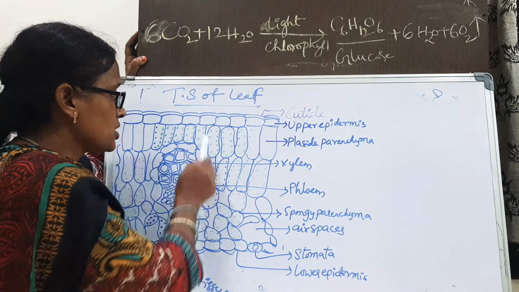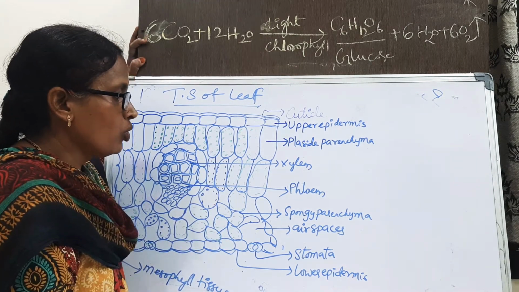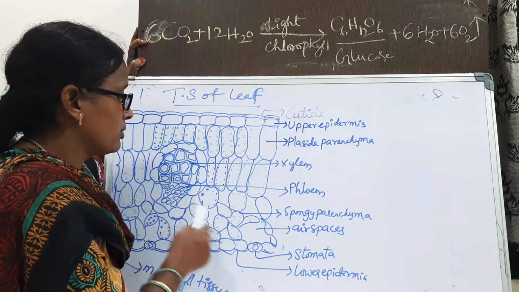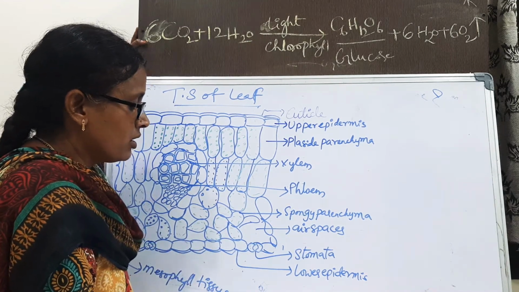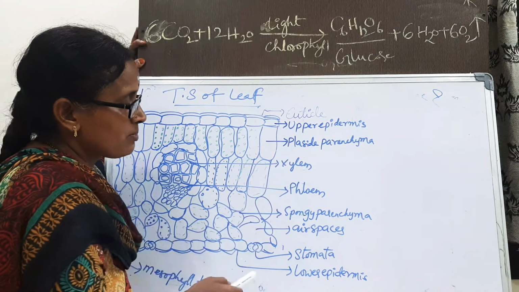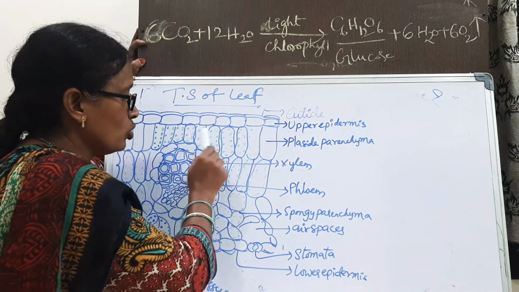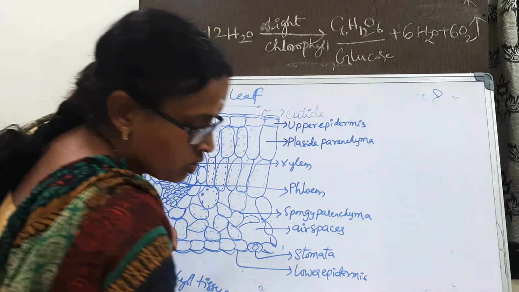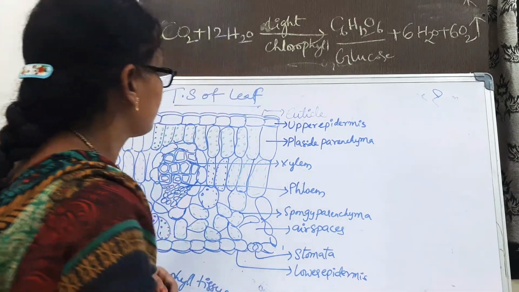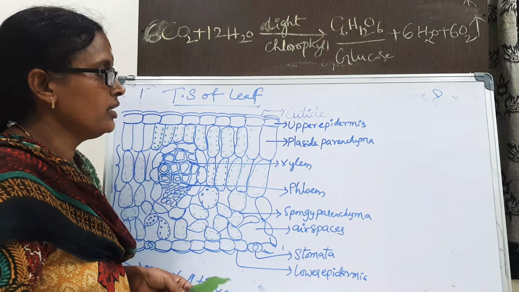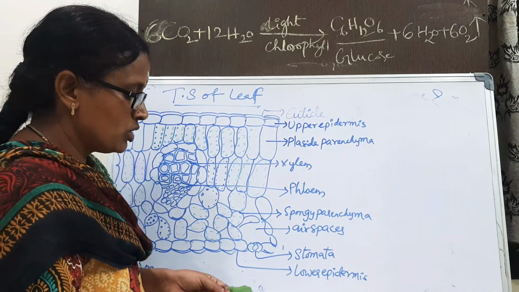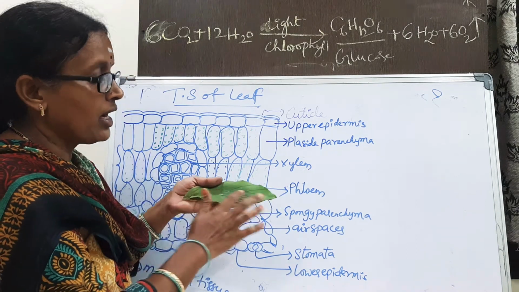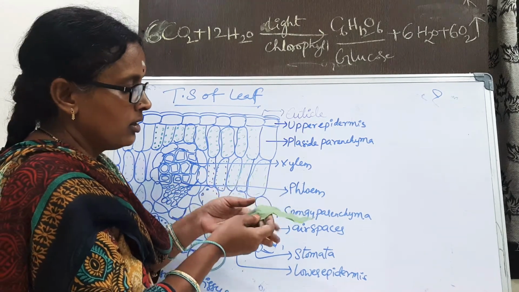This structure is given in our textbook. Only this is the diagram. You should practice it for the parts and everything, so as to know the clear location of where these chloroplasts are present. If you take any leaf, you may observe that the upper side, which is the smooth side, has more green color.